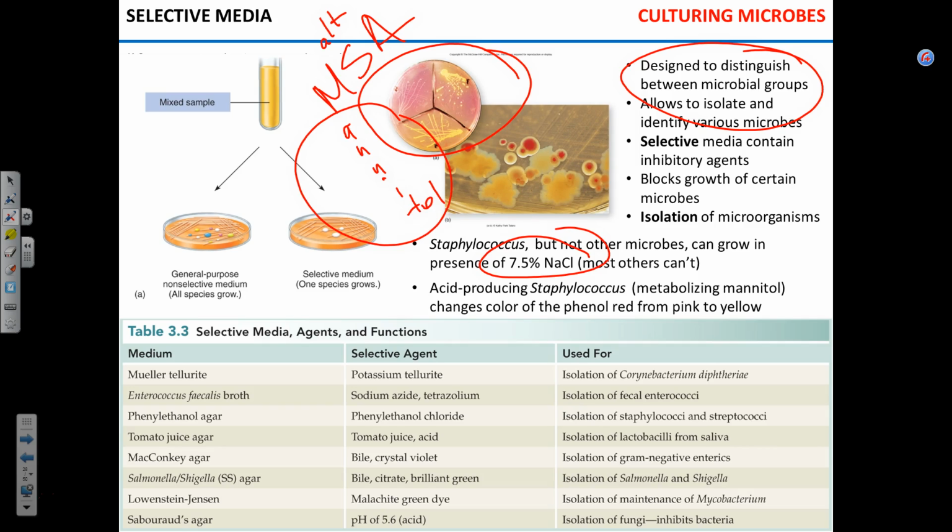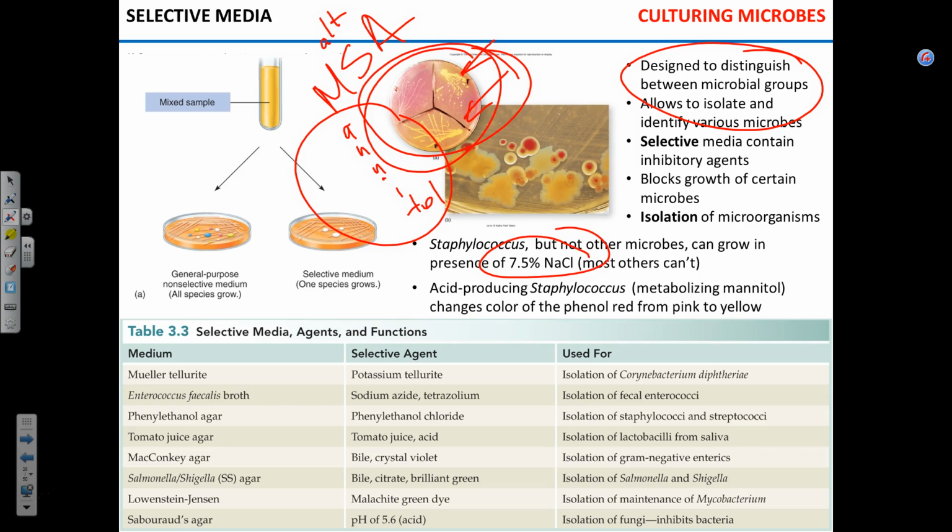Lactic acid, yes. So if microbe can ferment mannitol, it will produce lactic acid. What's going to happen to the pH of the medium? It's going to go down. And if you have phenol red, you see red stuff, yes? That's the indicator. When pH goes down, your colonies become yellow. Does that make sense? See the change in color.